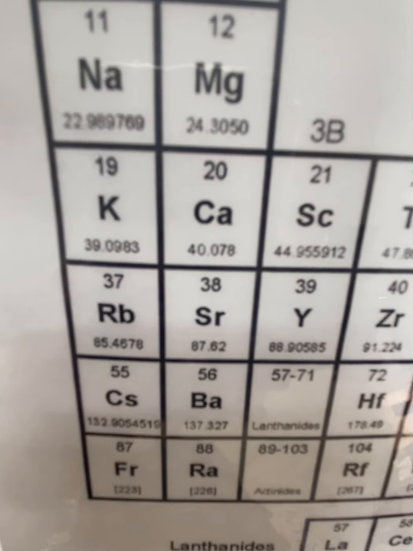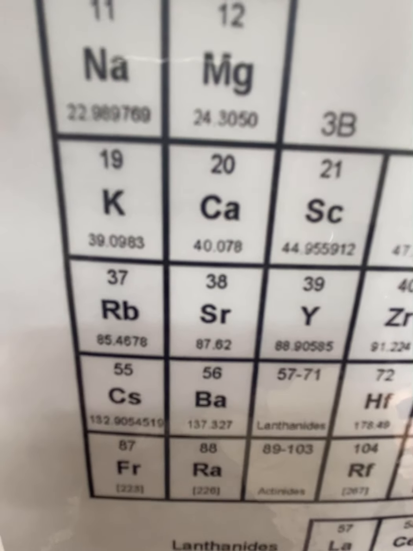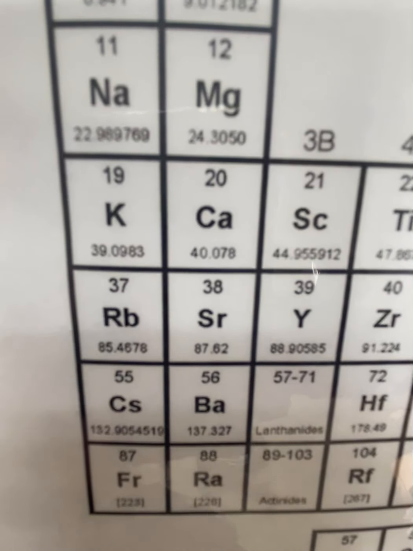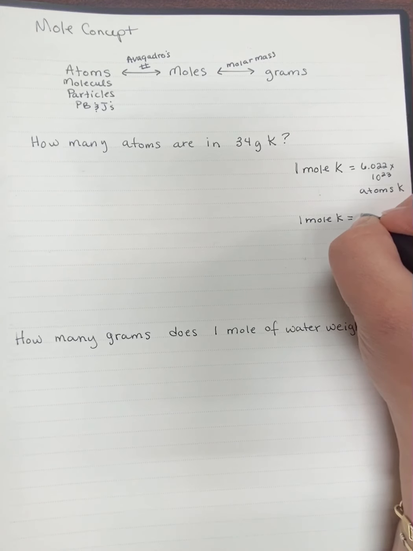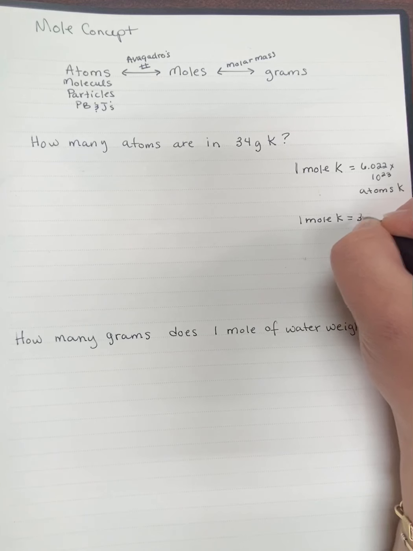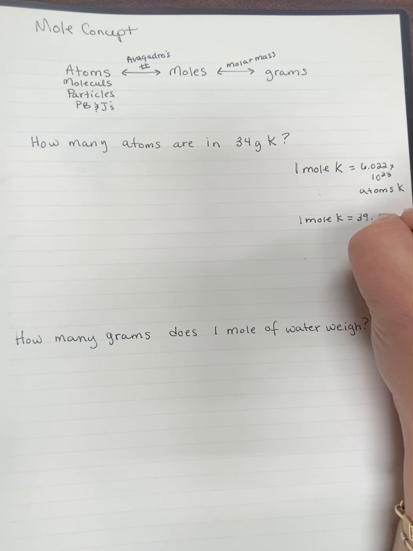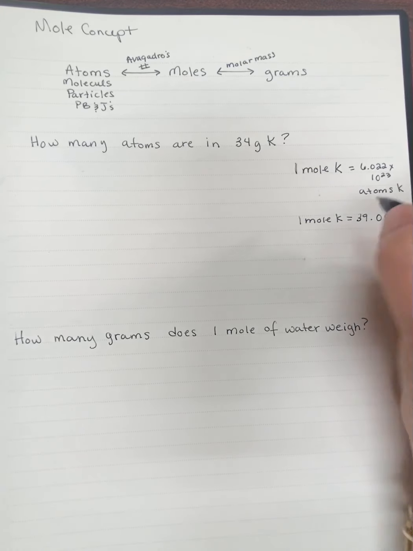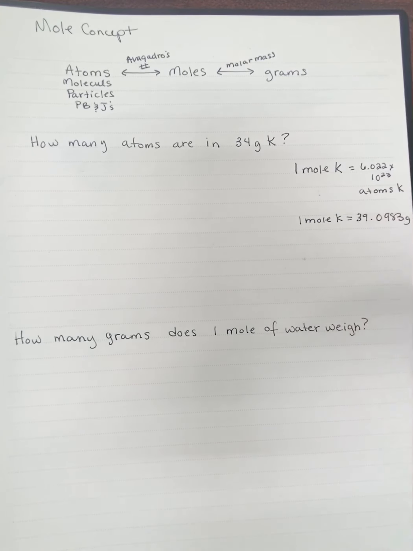But one mole of potassium is going to weigh 39.0983 grams, okay? So these are the only 2 new unit equations that we need, and we're going to use them exactly like we used our unit equations before. So let me write this down, 39.0983 grams. Okay, so here are our 2 new unit equations.